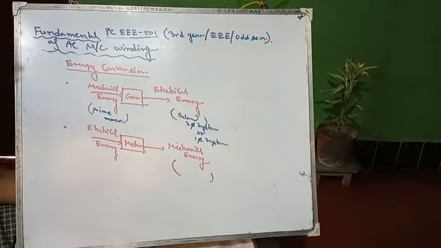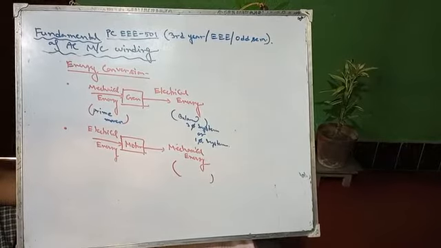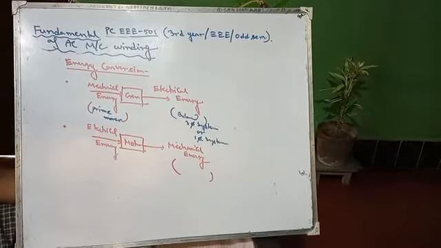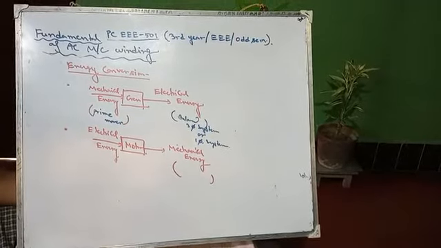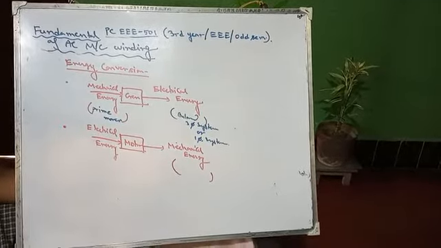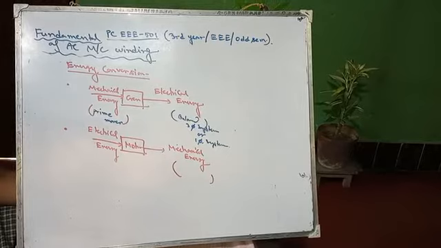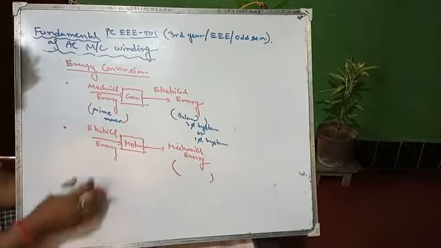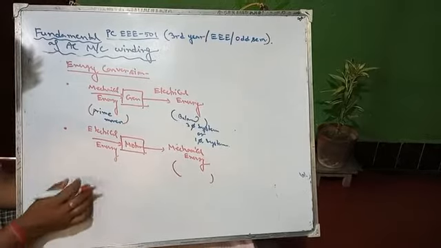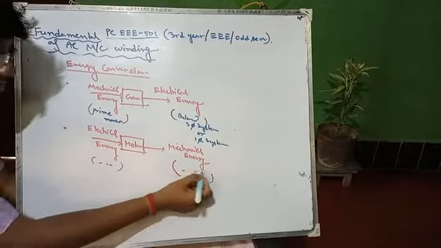Or in the case of a submersible pump, there is a suction. In the case of a draft FD or ID fan, there is suction as well as compression. Okay, so these types of motors are there.